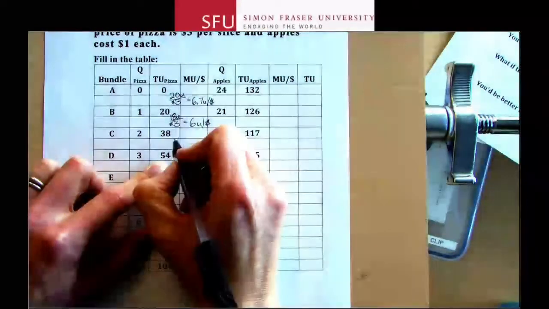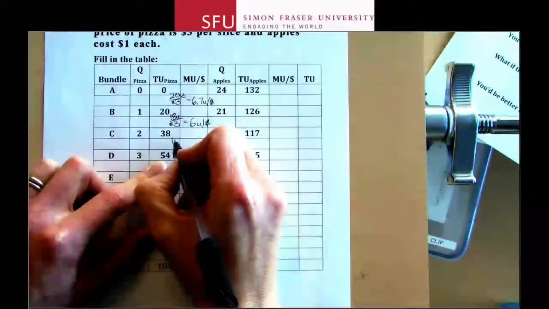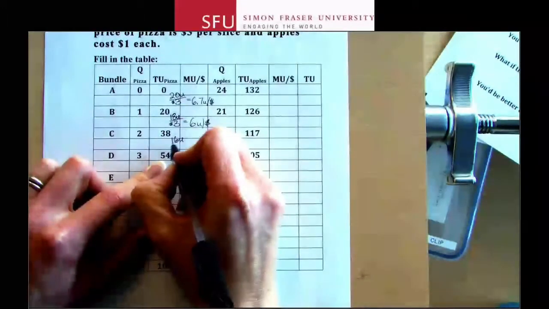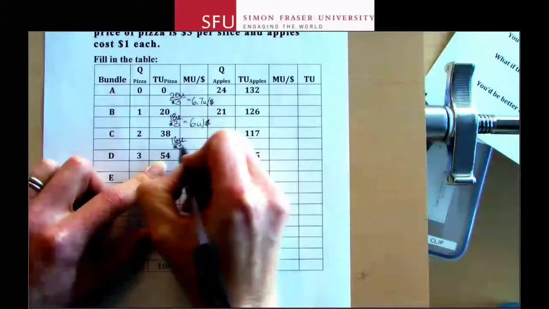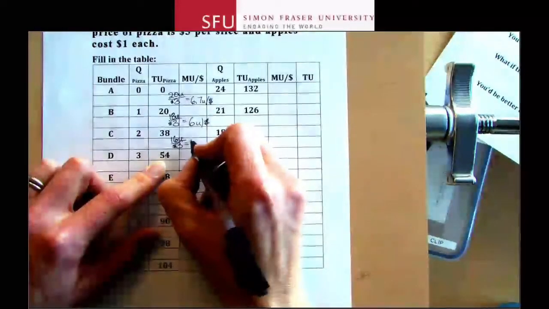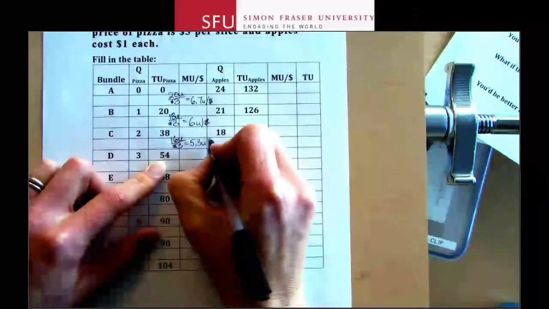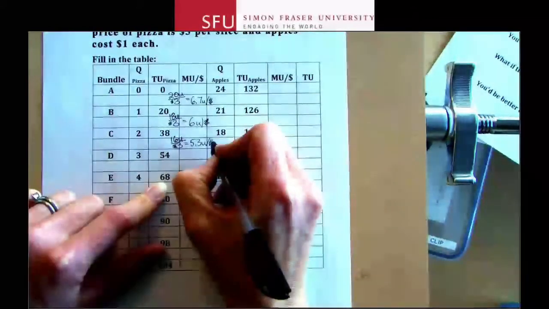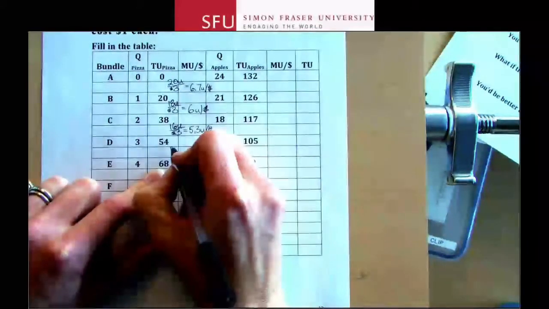And then 38 to 54, that's 16 units of utility. Costs $3. It's 5 1/3. Next one is 14 units of utility.